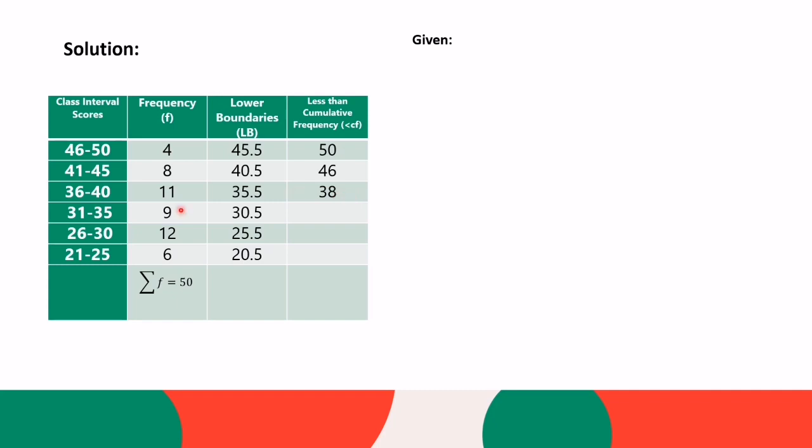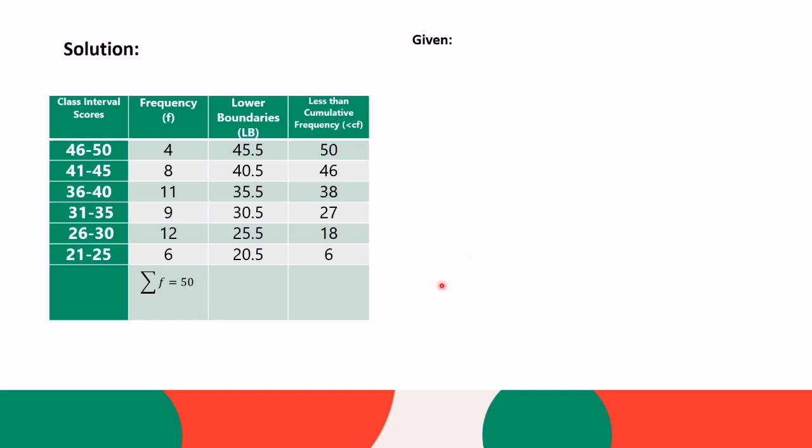And then next, 38 minus 11, we will have here 27. And then 27 minus 9, we will have here 18. 18 minus 12, we will have here 6. And this is correct because if we subtract the last number, 6, from the last CF, we will come up with 0.